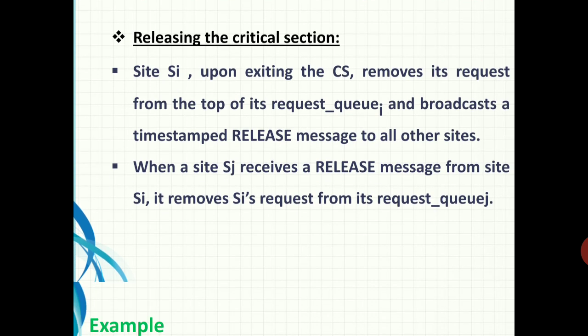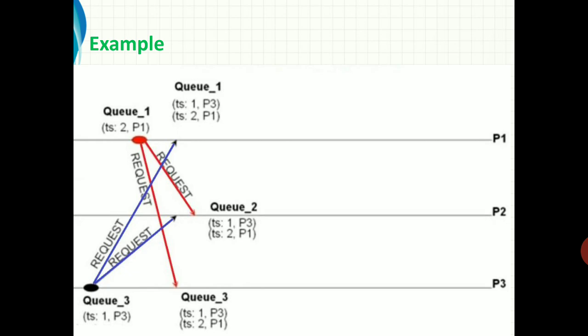Then we can go to one of the examples. Here you can see there are three processes, or you can say three sites, S1, S2 and S3. The process that first wants to enter the critical section is P3.